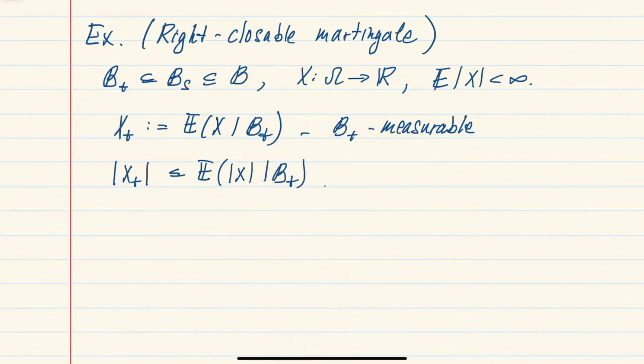And then if you take the expectation of both sides, you see that in the sense of the L1 norm, or the integral, this random variable X controls all random variables Xt that it generates, right?